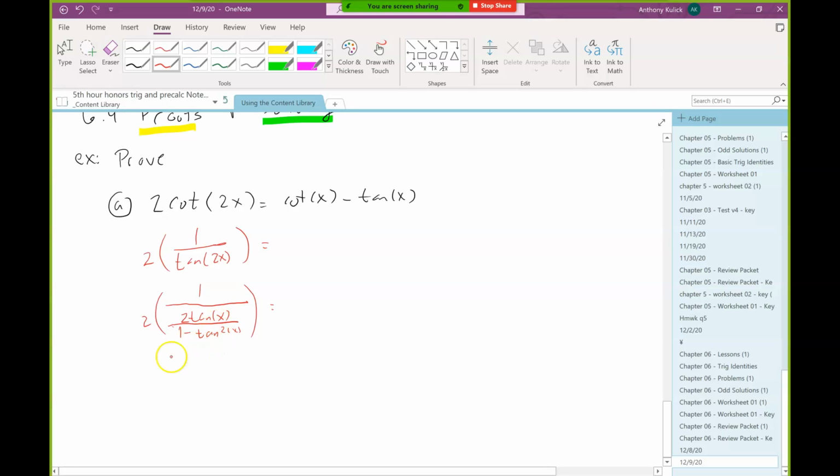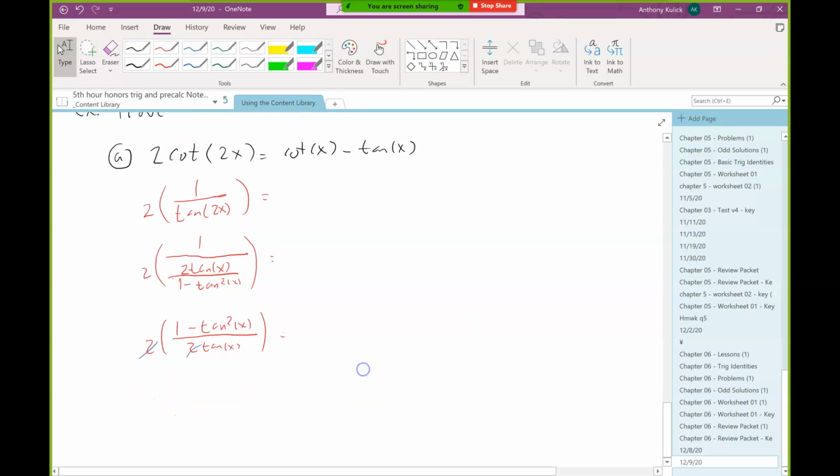So I have 1 over this, so basically I'm just going to make a reciprocal of that fraction. So the 2's can cancel. And then I'm just going to rewrite this as two separate fractions.